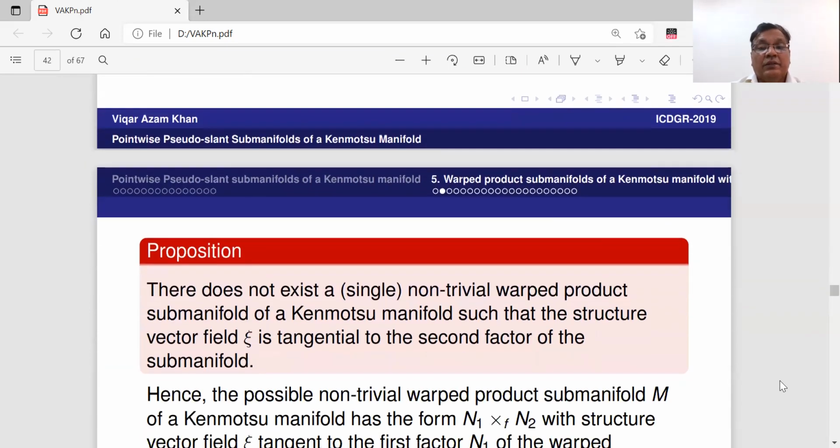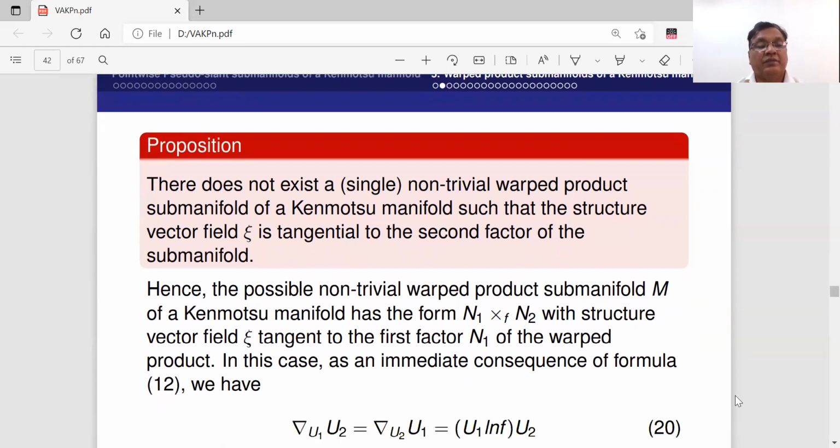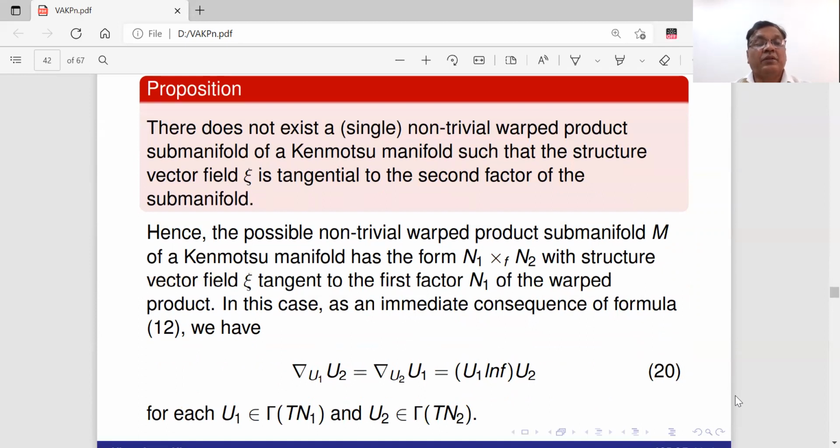All right. So this is what we have written. There does not exist a single non-trivial warp product submanifold of a Kenmotsu manifold such that the structure vector field xi is tangential to the second factor of the submanifold. As the possible non-trivial warp product submanifold M of a Kenmotsu manifold has the form N1 times f N2 with the structure vector field xi tangential to N1.